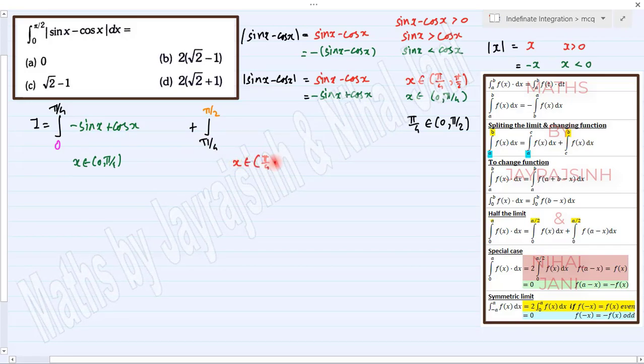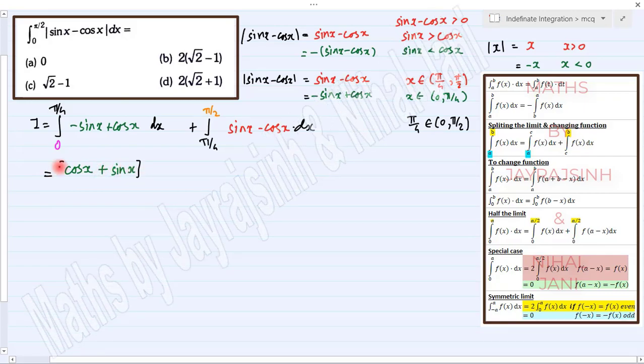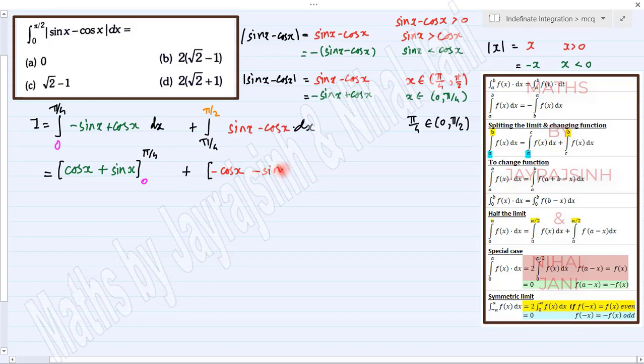And for π/4 to π/2, your function will be sin x minus cos x. So we are ready for integration. Integration of minus sin x will be cos x, and integration of cos x will be sin x, limit is from 0 to π/4, plus integration of sin x will be minus cos x, minus sin x, limit is from π/4 to π/2.